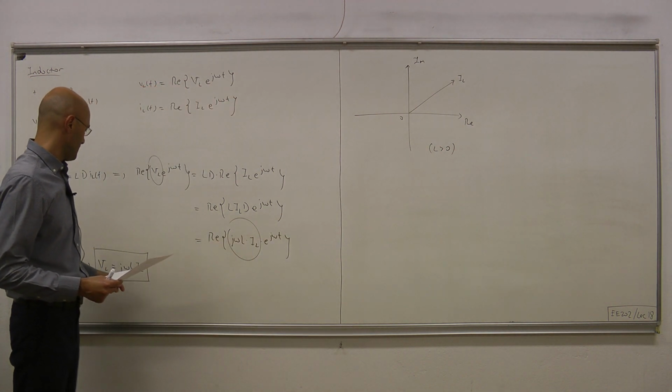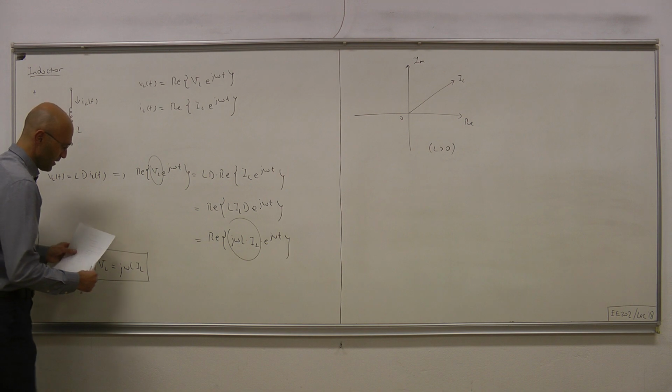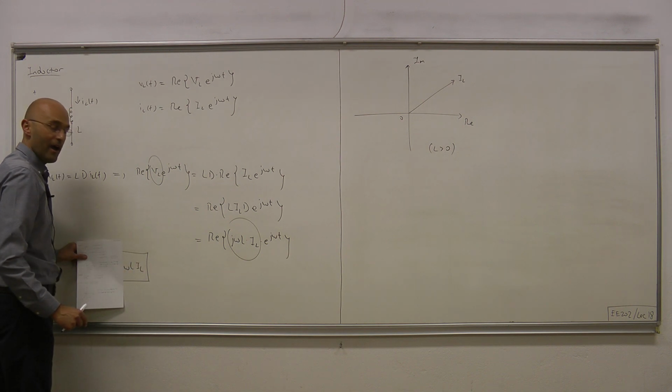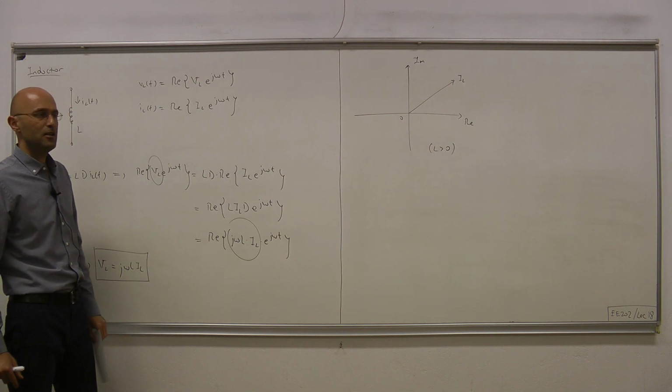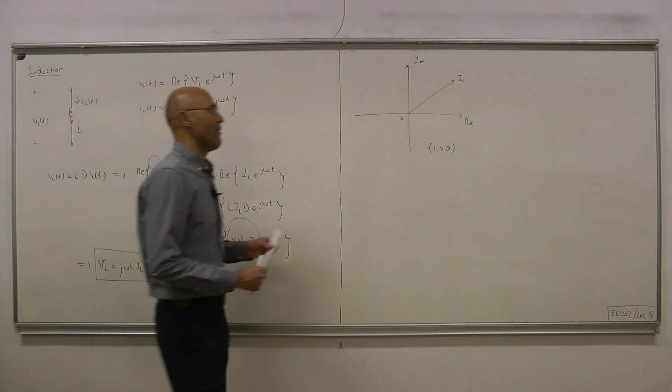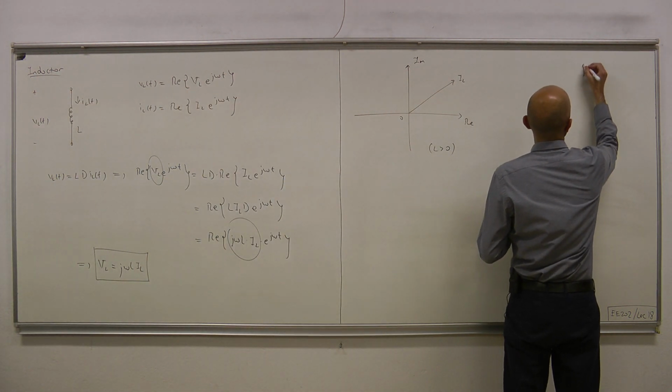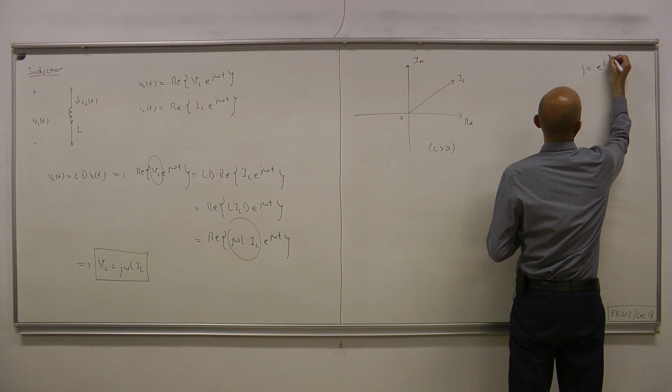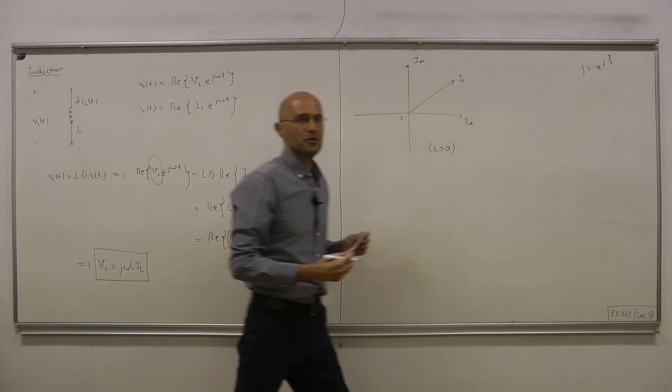And then how about the phase? Note that this thing, omega L IL, is multiplied by j. Now, j is e to the j pi over 2. It can be written as such.